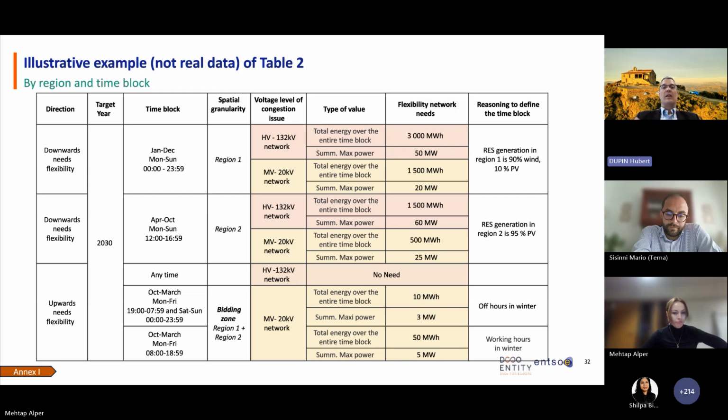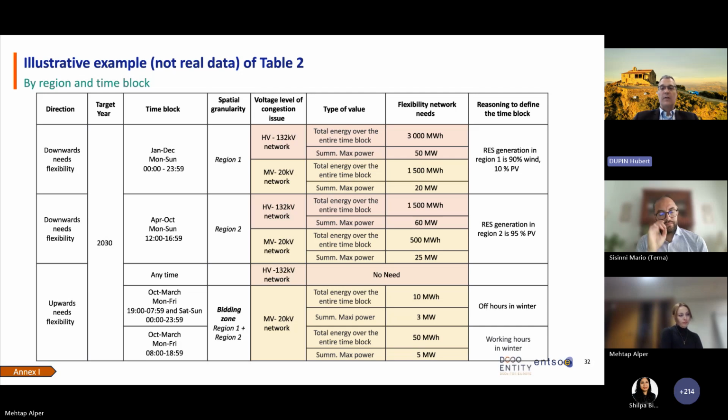And as you see, in the first 3 months of the methodology, we need to define at national level a coordinated way of slicing the year in time blocks and slicing the countries according to the spatial granularity, and making sure that, whatever the diversity of DSOs, whatever the country or the part of the country they operate in, at the end of the day we, DSOs, are able to provide consolidated data for this year, this time block, this spatial granularity.